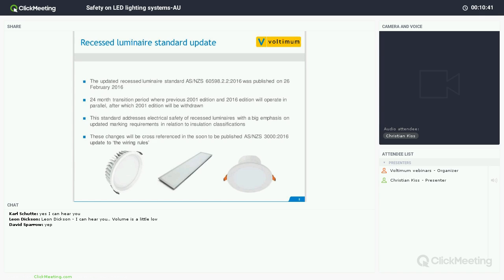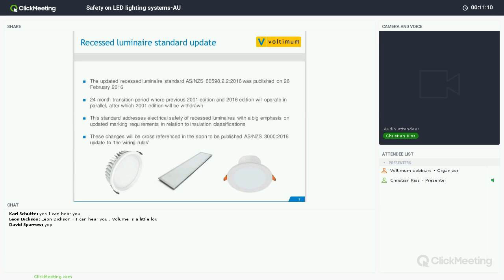Okay, so moving on to the next topic, there have been some updates in standards as you've seen there, and one of the specific standards has been the recessed luminaire standard. That standard is called AS/NZS 60598.2.2, Australian New Zealand Standard, Part 2, Section 2. That was published back in February this year.